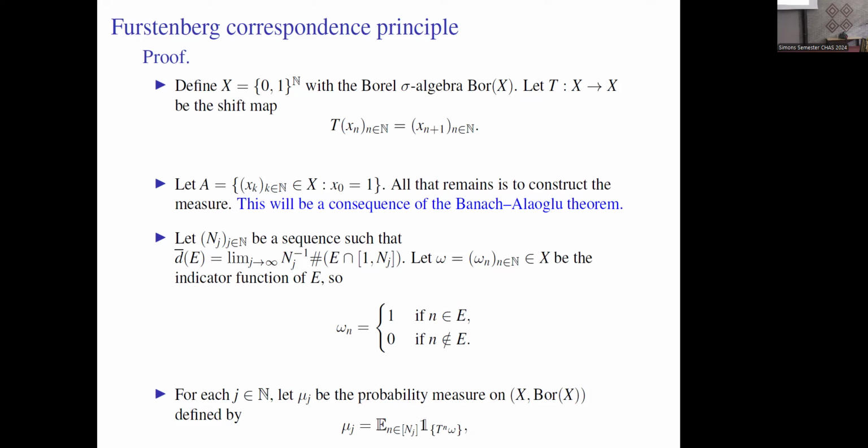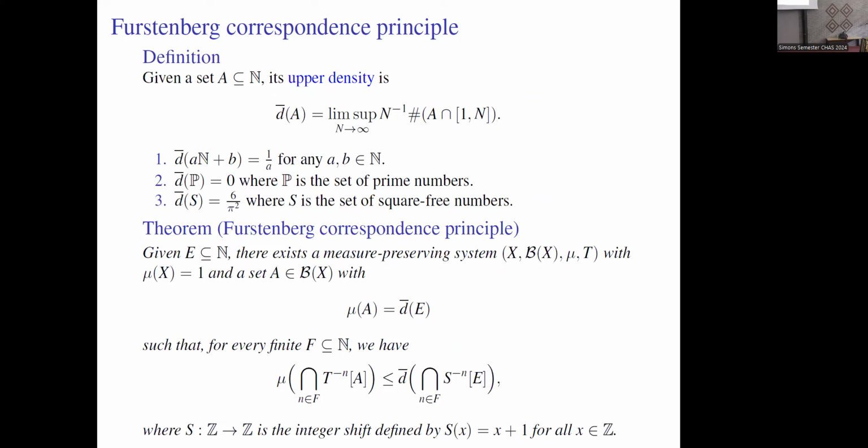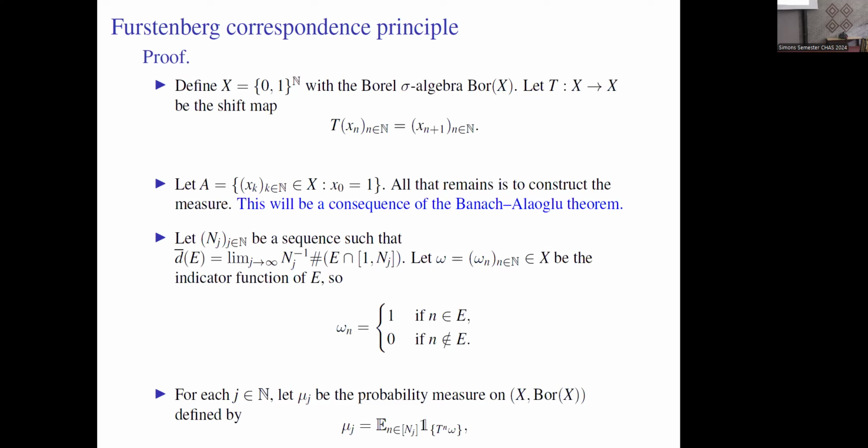Here we have the definition of the upper density. If this is a limsup, it means that this is a limit along a certain subsequence of integers. Now if we introduce this set and we construct omega to be an element of X with the property that it equals 1 whenever n is in this set E and 0 whenever n is outside, then we can define this sequence for every j.